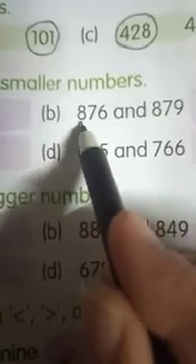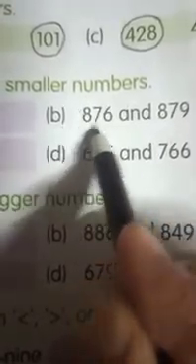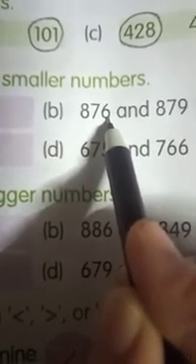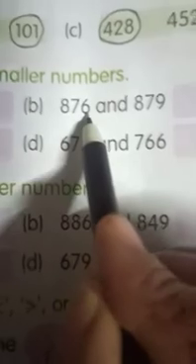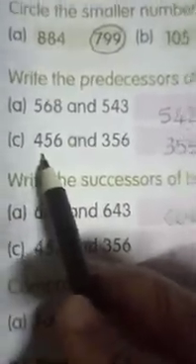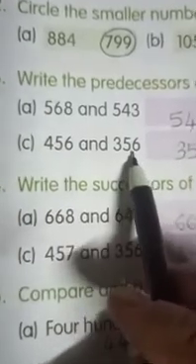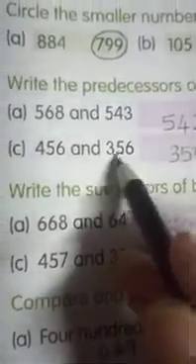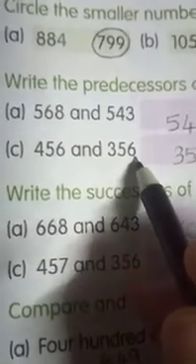Next, 876 and 879. So the smaller number here is 876, and the predecessor of 876 is 875. Next, 456 and 356. So which is the smaller number, children? 356 is the smaller one.